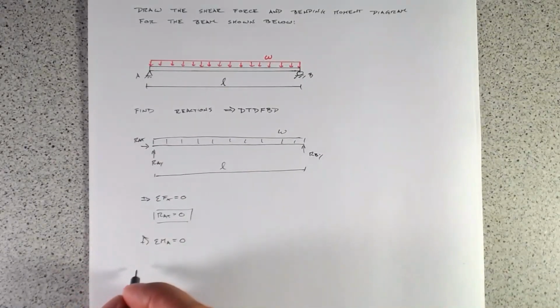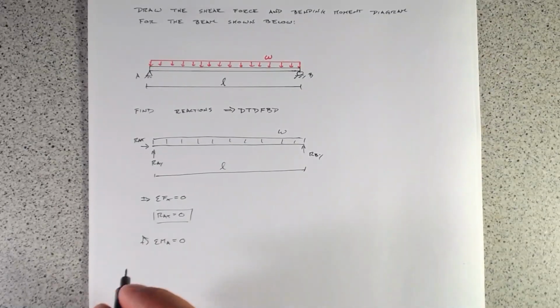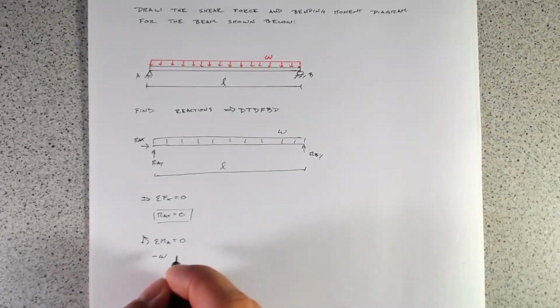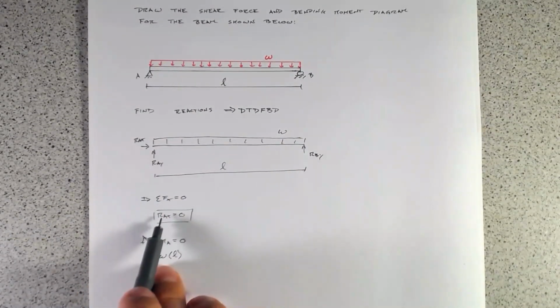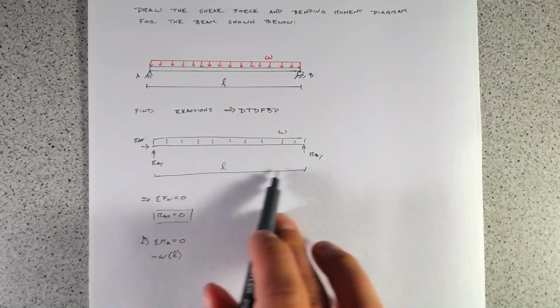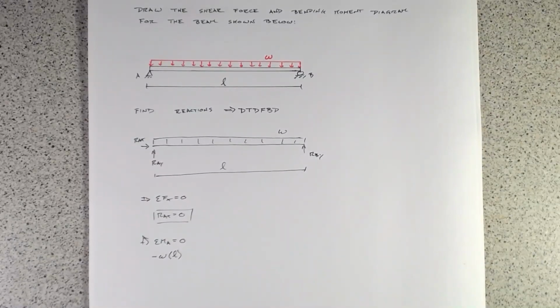And I'm using counterclockwise as positive here. So I have the force of negative W times L, which is this distributed load multiplied by the distance which it acts over.